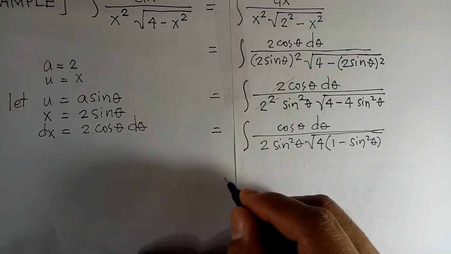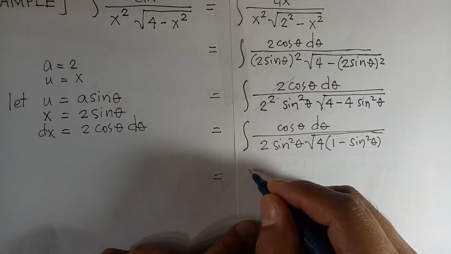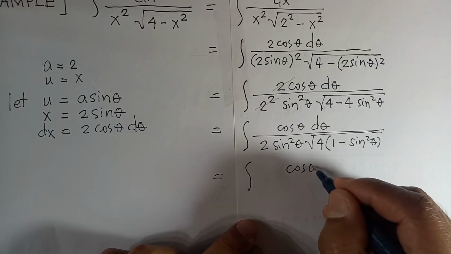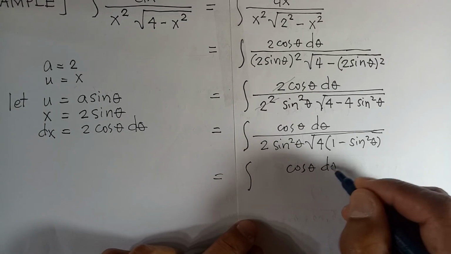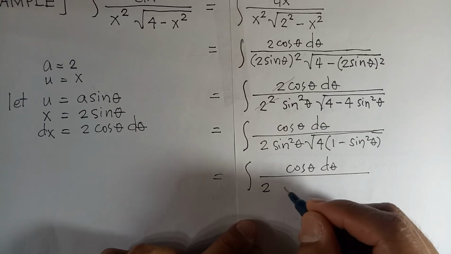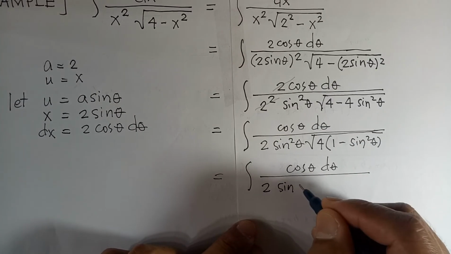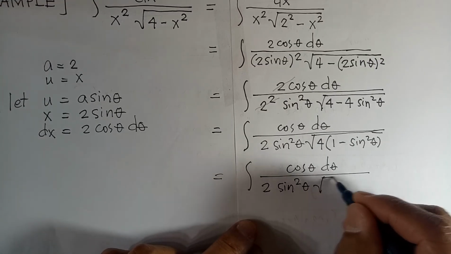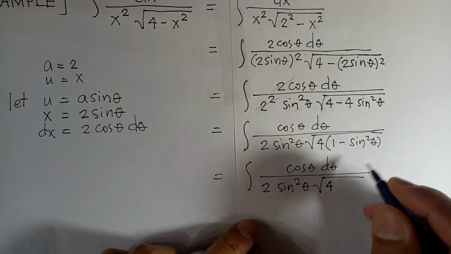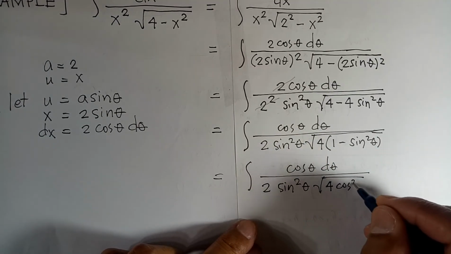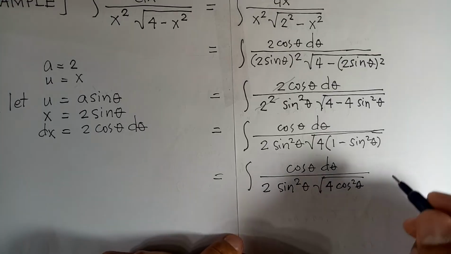Okay? So, meron tayong integral sign. And then we have the numerator, cosine theta d theta, divided by 2 sine squared theta, square root of 4 times cosine squared theta.